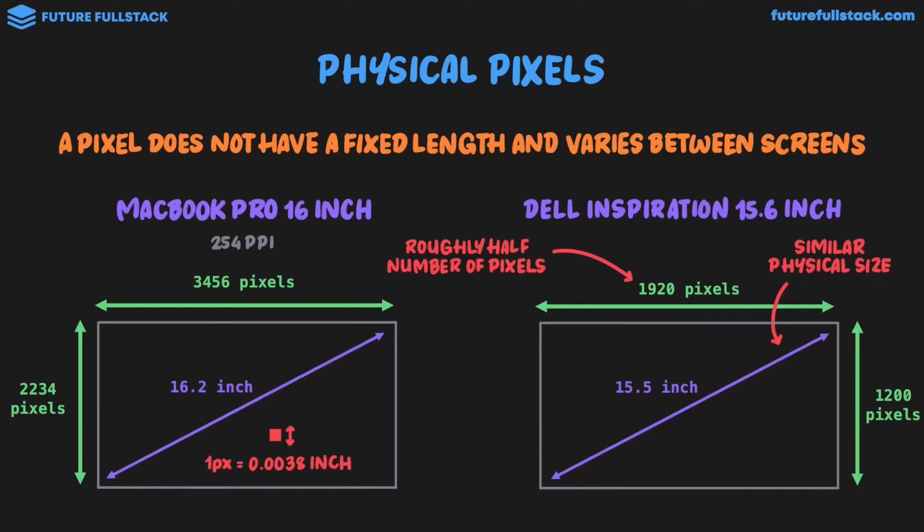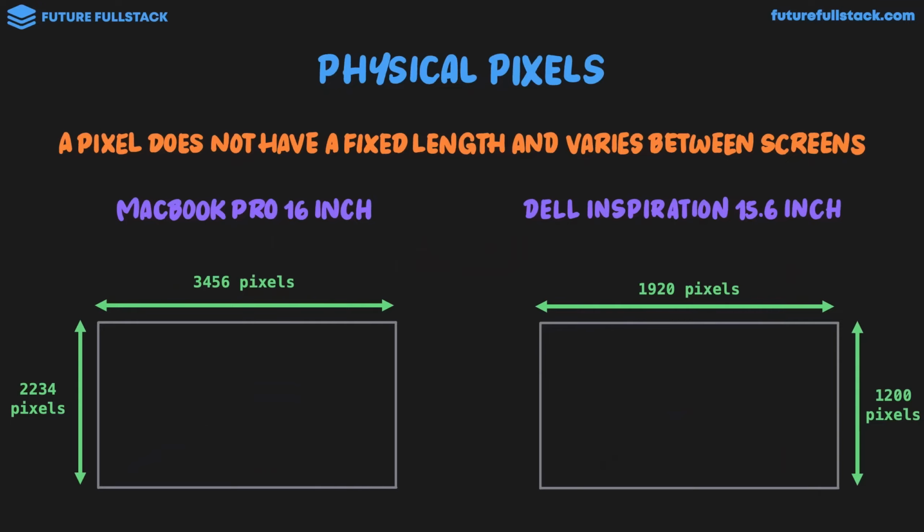So, although the physical size of the screen is fairly similar, there are a lot fewer pixels in width and height. This means a pixel is going to be close to double the size of that on a MacBook Pro. On this device, one pixel equals 0.0071 inch. The pixels per inch value on a Dell Inspiron is 141 PPI. This is a lower number, meaning the screen won't be as sharp as the MacBook Pro.